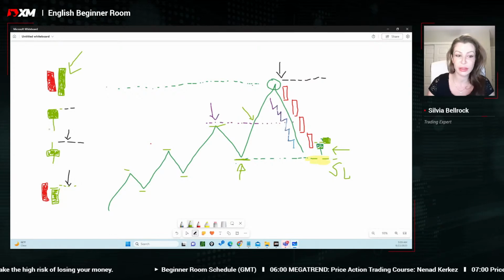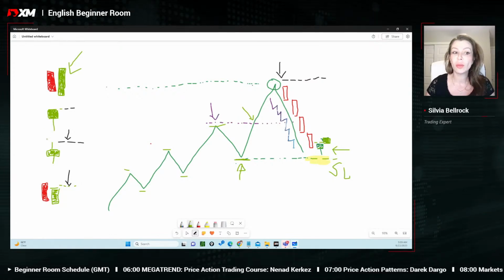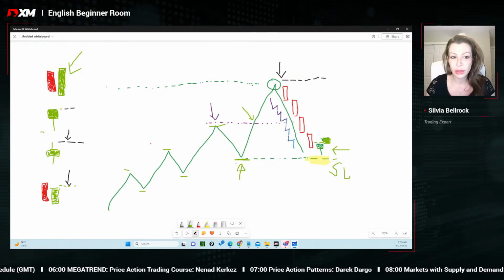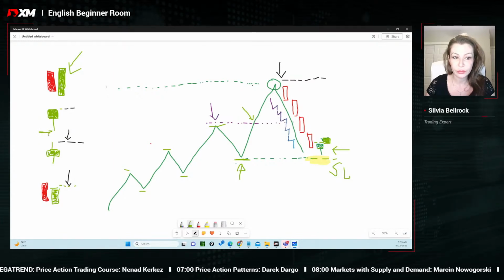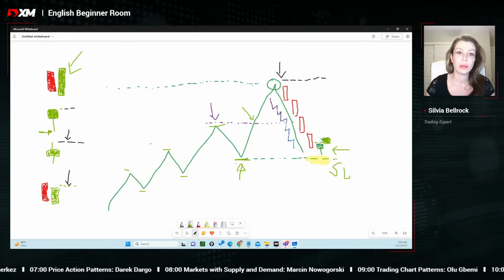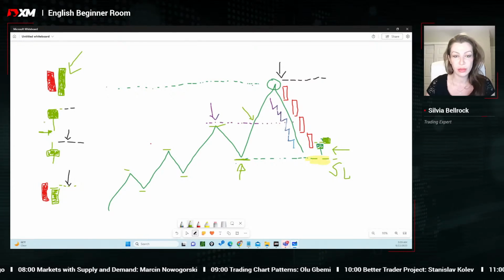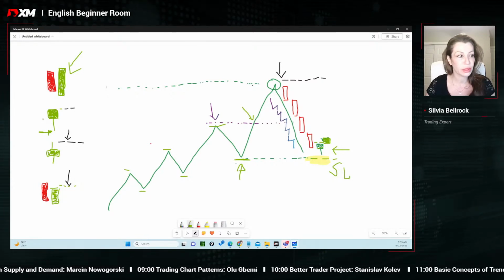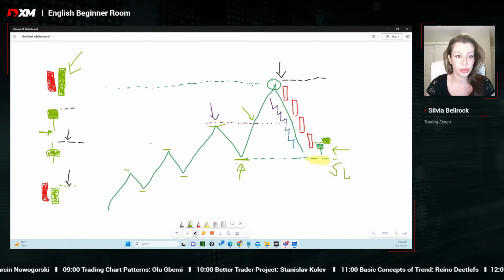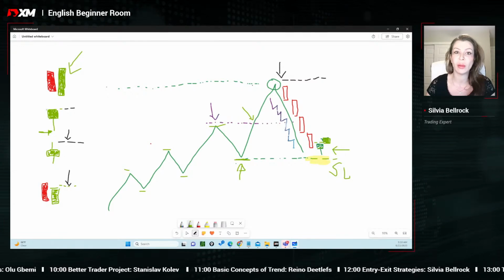And in this case, the answer is yes, because if you have a reversal candlestick, normally you have the low of the candlestick, which is right here. And this low of the candlestick is basically the lowest price for the day. Obviously, the buyers took over control of the situation, and the candlestick closed all the way up.